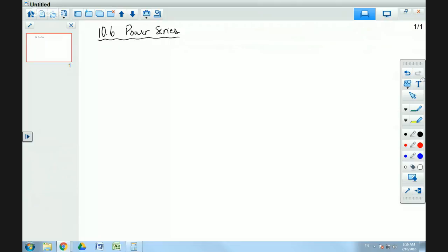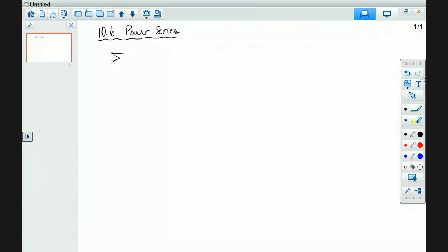So here's an example of a power series. There's the general form of the power series.